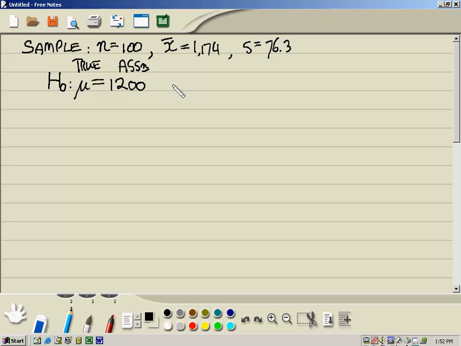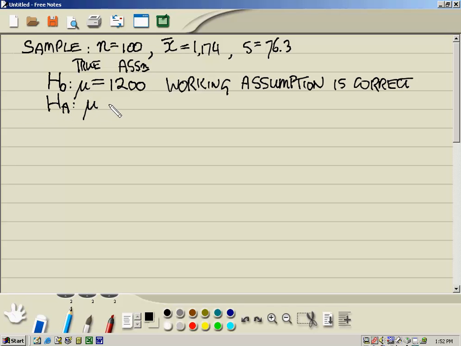Okay, so for words we can have here that the working assumption is correct. The alternate, have mu not equal to 1,200, right? It's the complement of the null, and the working assumption is not correct.